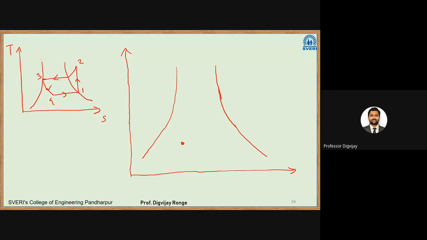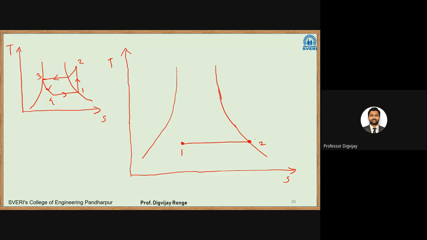Let us say this is our starting point, which is the entry to the evaporator. Now the refrigerant has entered the evaporator. In that, heat is being added at constant temperature. Now heat is being added, it will reach a point. That point is the saturated vapor point. Let us say that is point 2.